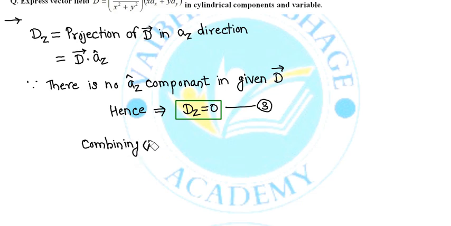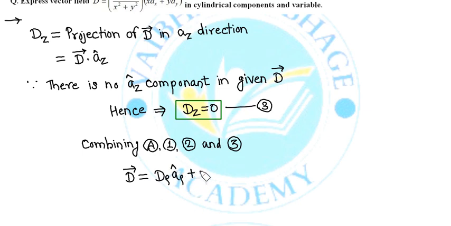Equation 1 is for your d rho component, equation 2 is for your d phi component, and equation 3 is for your dz component with respect to equation A. I am rewriting equation A here so that you will know that vector d in terms of the cylindrical system is equal to d rho a rho cap plus d phi a phi cap plus dz az cap.